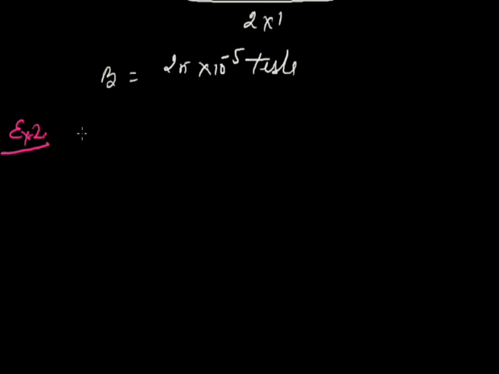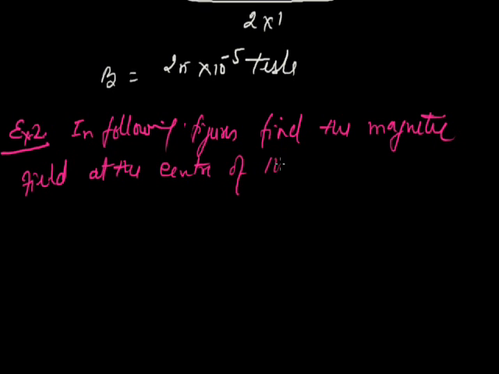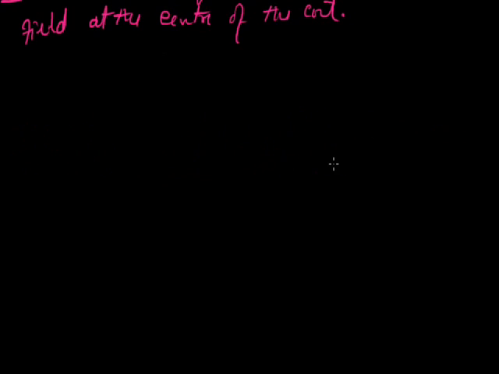Example 2: find the magnetic field at the center of the coil in the following figure. The first part, that's A, is the coil. Current I is 1 ampere, this one is R, this is 1 meter, and this is the center.